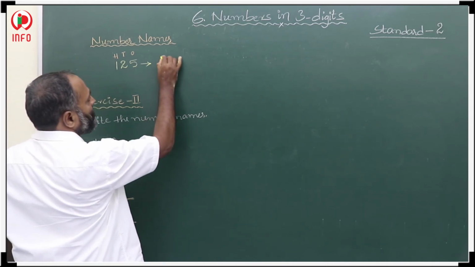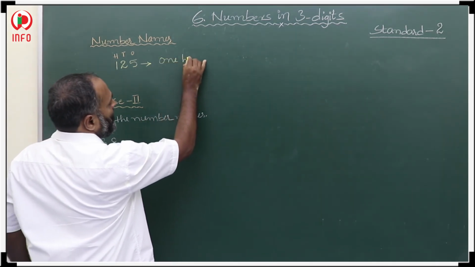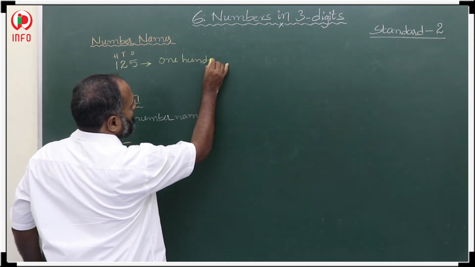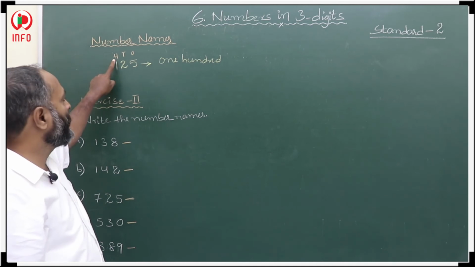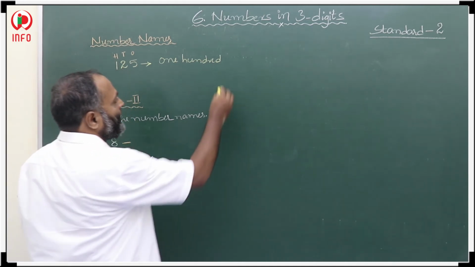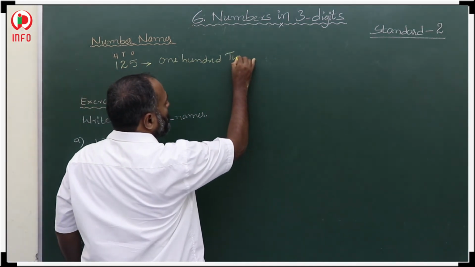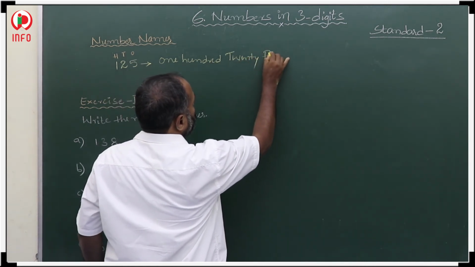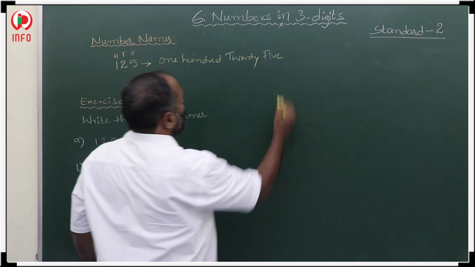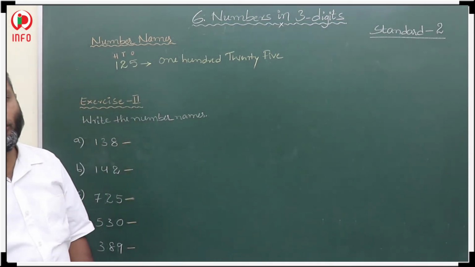Then how to read 125? 100, 25, 20, 25. So 125.